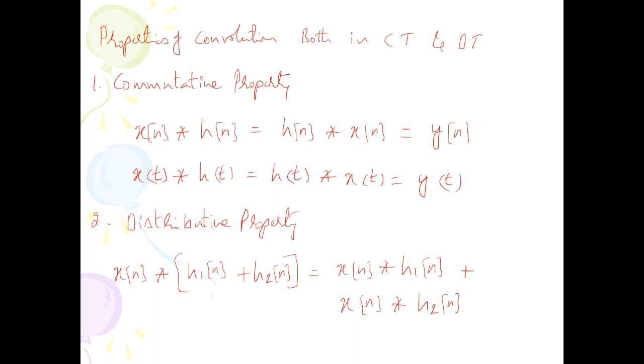Same thing in continuous time: x of t convolution with h1 of t plus h2 of t will be equal to x of t convolution with h1 of t plus x of t convolution with h2 of t.